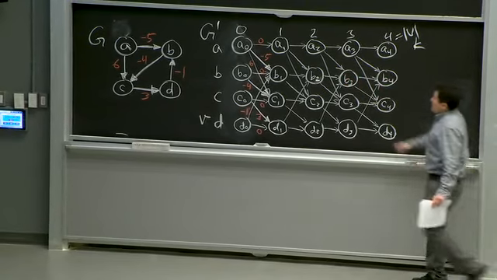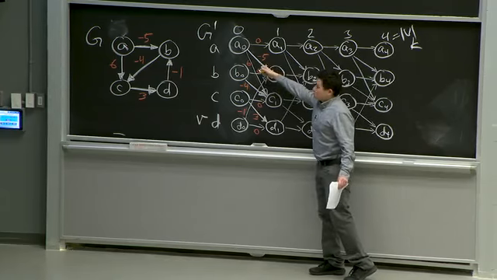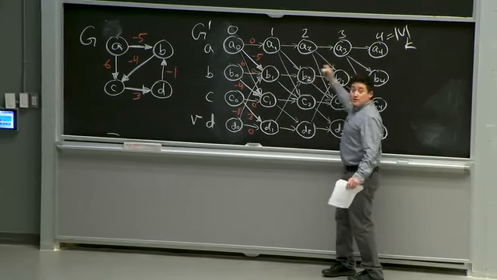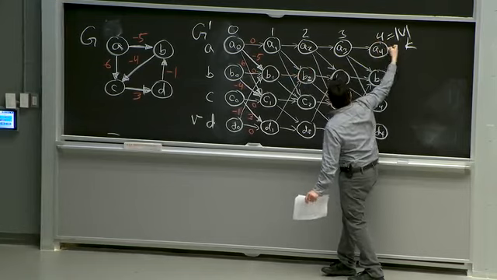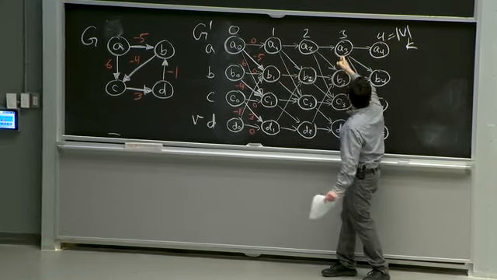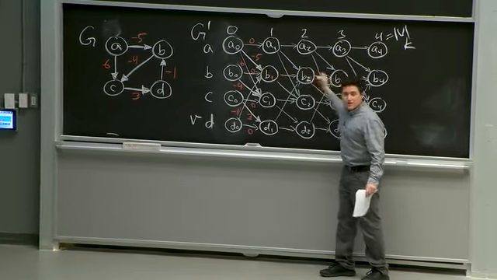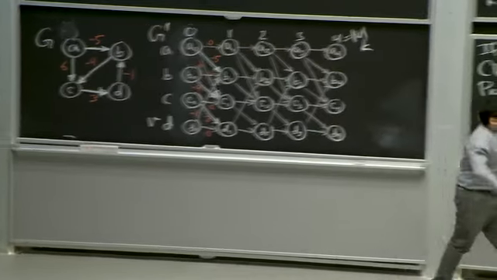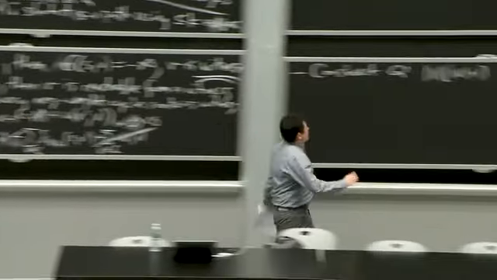And then I have one edge for every edge in my graph. I have V edges for every edge in my graph. So this is the number of vertices.